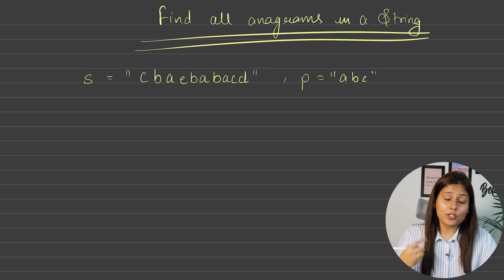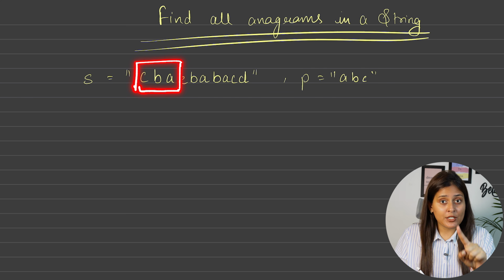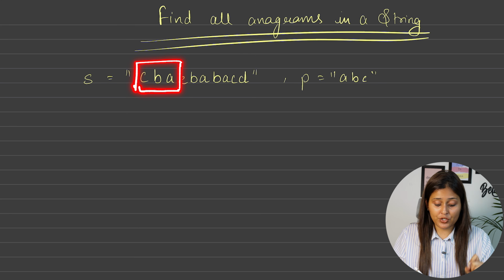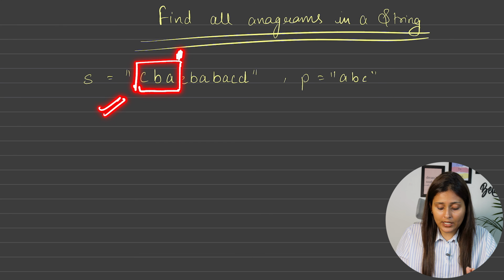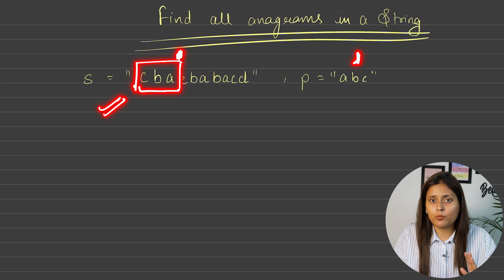Second reason to use sliding window is, previously in the brute force approach, I am assuming you would have watched part 1 of this video, we were generating all substrings and then checking whether this substring matches with this substring or not, after sorting or counting the frequencies. If they matched, then only we considered that as an anagram. If not, then we kept on moving.